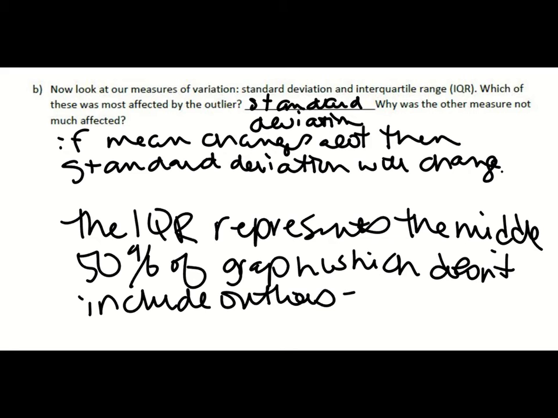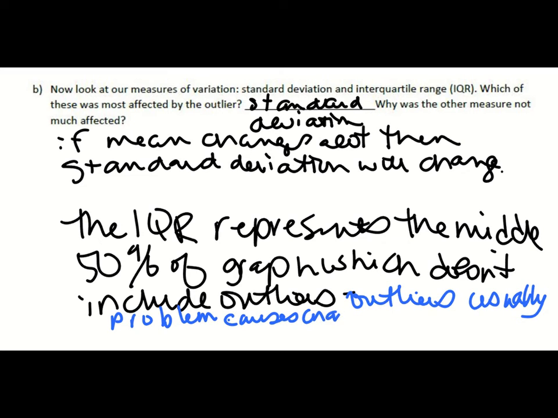And the outliers are usually the problem that causes the changes in the mean and standard deviation. So the IQR is not affected by that, whereas the standard deviation and the mean are.